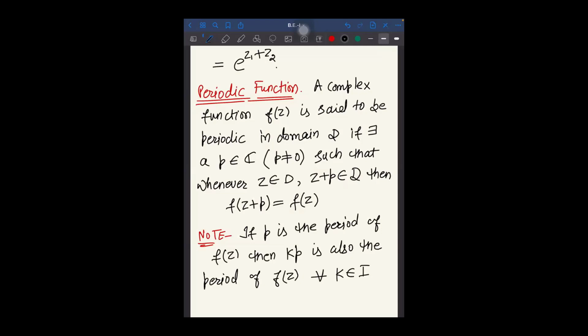Because for zero this would always be true. If you replace P by zero, then it makes no sense. Okay? Yes, you're with me?